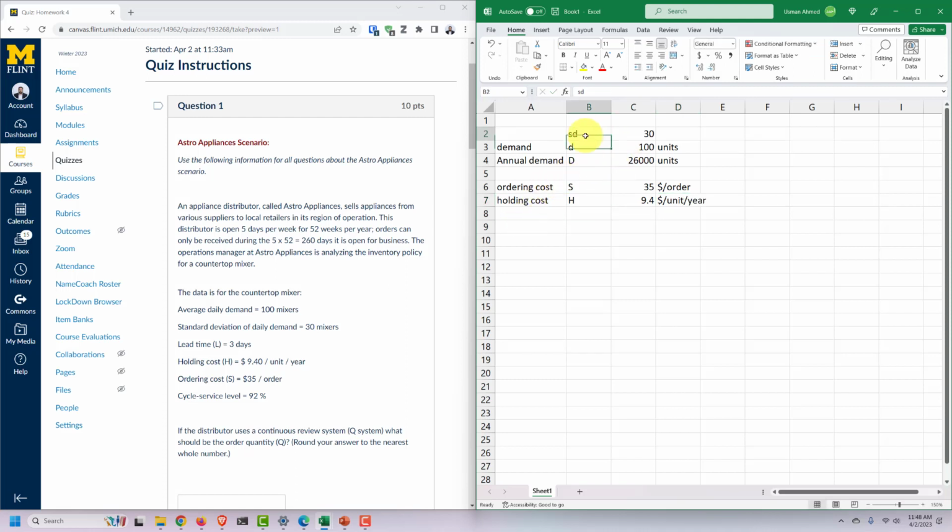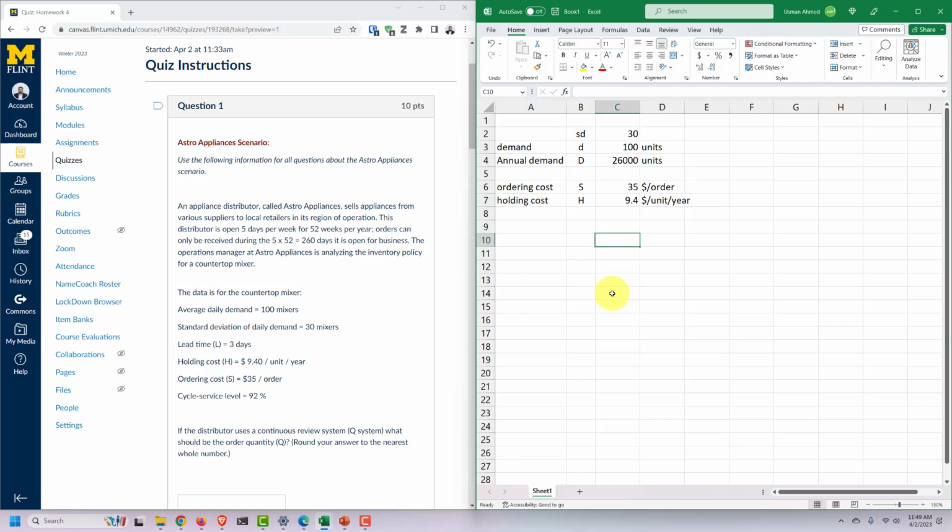Okay. Now keep in mind that sometimes the holding cost is given as a percentage. So an alternative way the problem could be given to you could be, the problem says the appliance costs $40, or let's say $80 to acquire, or supplier sells it for $80 to us, either way.